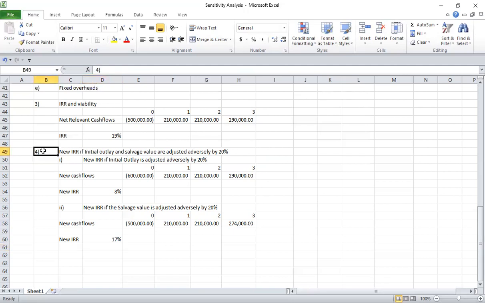For the question, we have computed that our internal rate of return is 19%. What if you are told to show this, or determine the internal rate of return, but then using a graph?